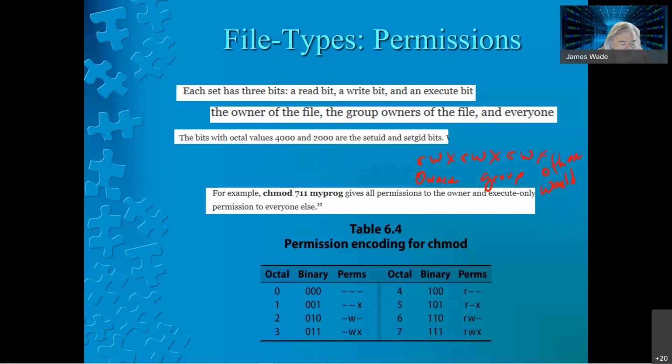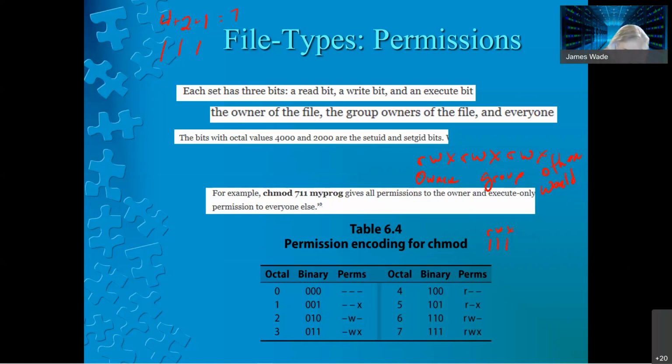So if you look at it from binary, and I did a 711, well, a 7 is read, write, execute. Usually by the time you get to here, you've had some classes with binary. Once again, you have to know the binary placeholders, 1, 2, and 4. So 1, 1, 1, well, if you add these up, it equals 7.